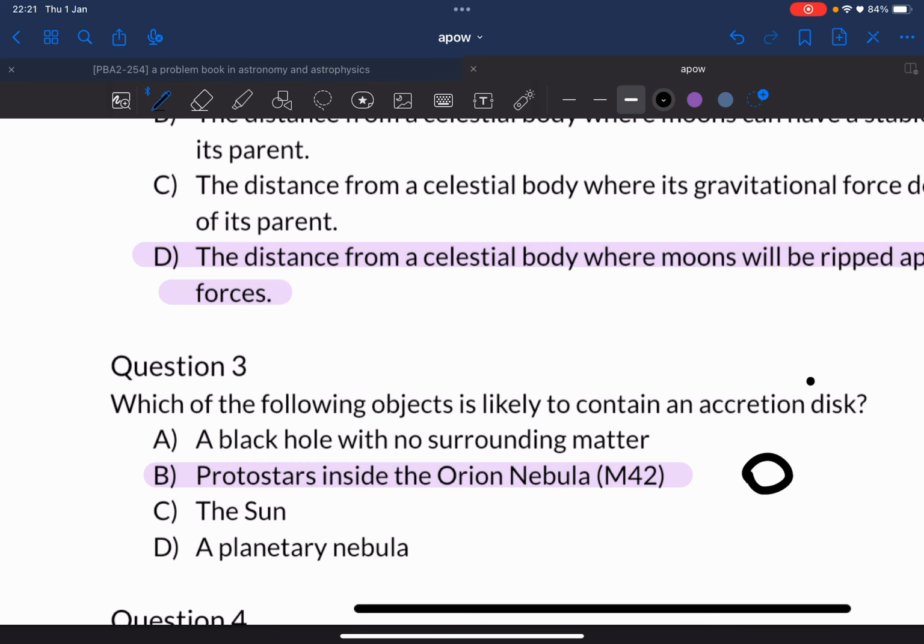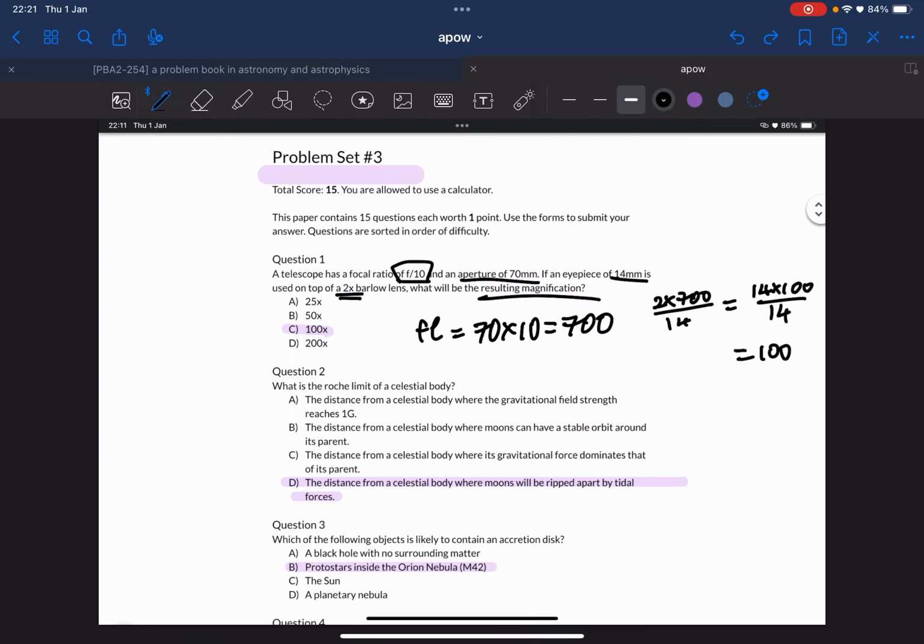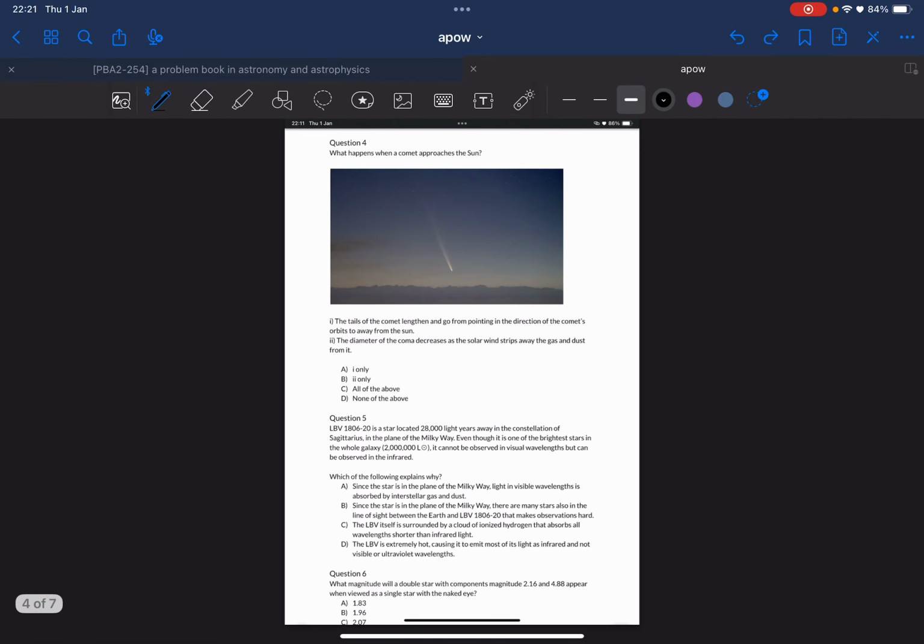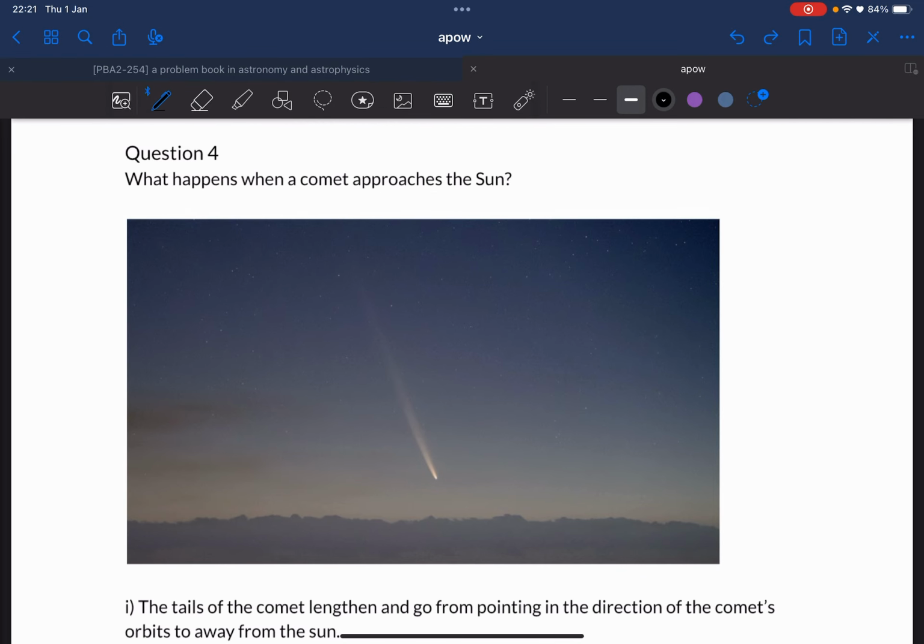It's just a bunch of gas condensed, so they form the star, but it also forms other stuff around the star. That's where the accretion disk comes from. It's not a black hole specific thing, it's a universe specific thing, I guess. And as you might know, the sun does not have an accretion disk. So this one's just common sense. Next page. I changed it to portrait because why not?